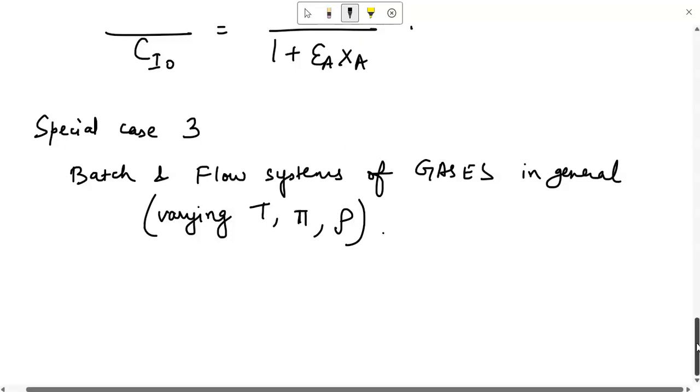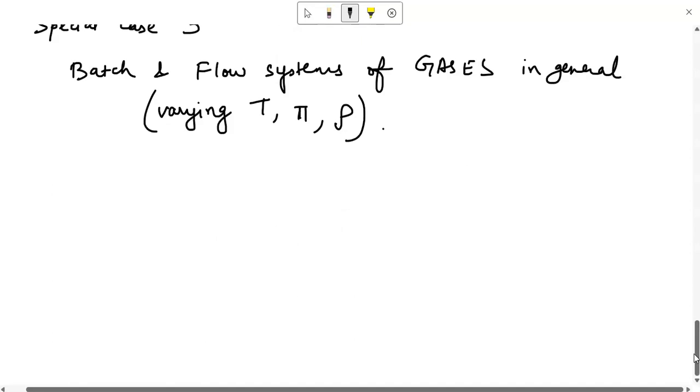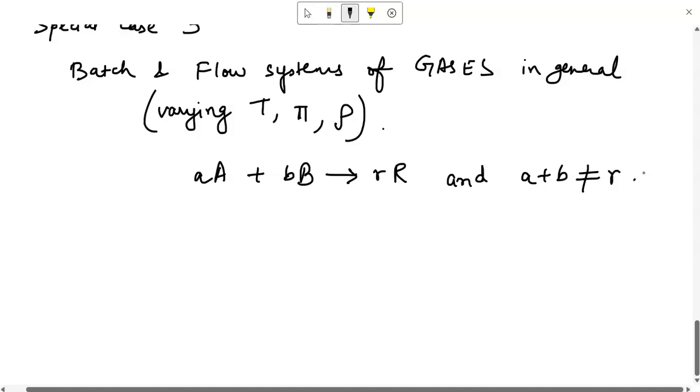Now here I am going to write the chemical equation according to which the reaction will progress. So it will progress like this: aA plus bB gives rR, and a plus b not equals r. Okay. So in this case, the first thing you will do is pick a key reactant.